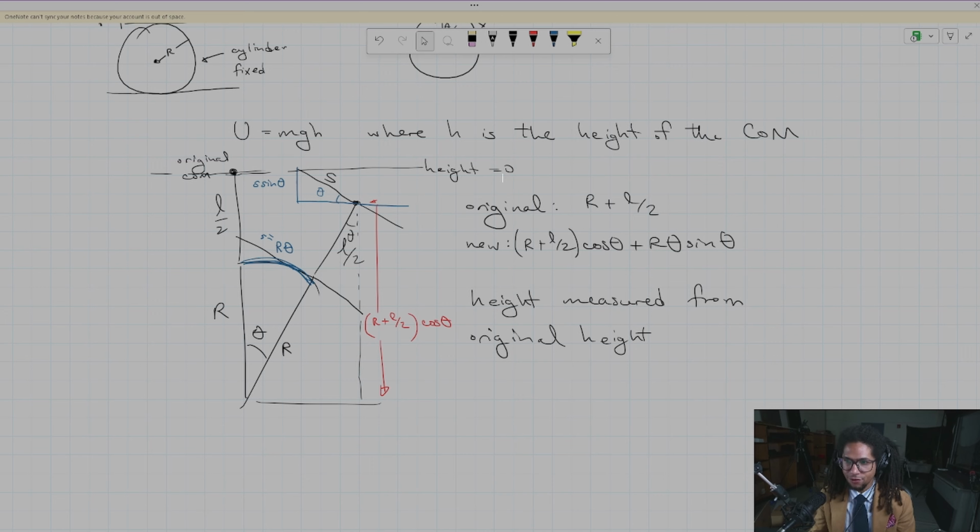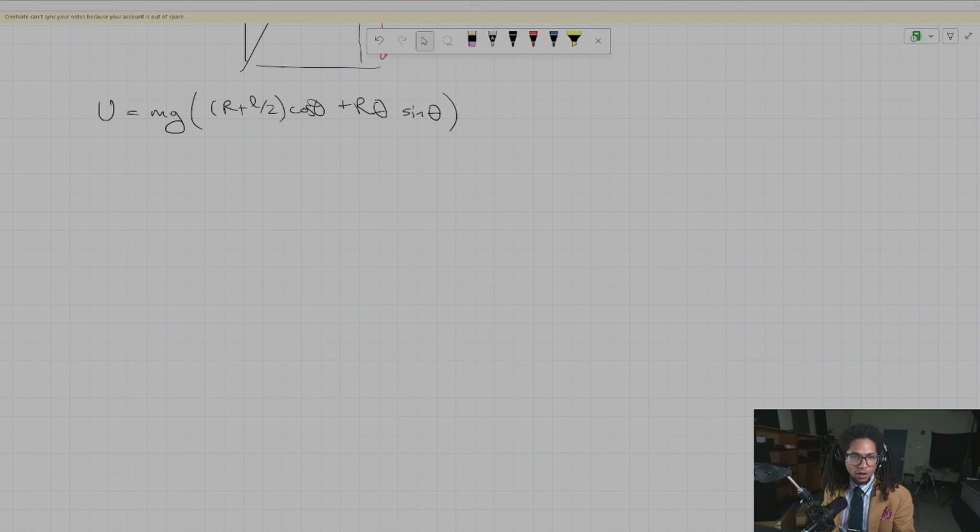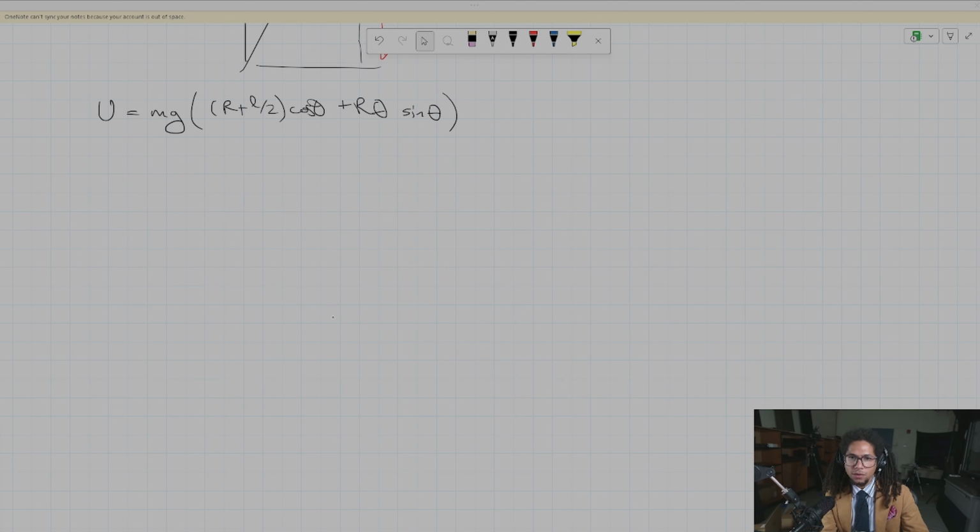So we'll get a negative. All right, so here's the potential energy we're going to work from. Now, let's go ahead and take our derivatives so that we can find equilibrium points and see if they're stable. Okay, we'll start with u prime of theta.